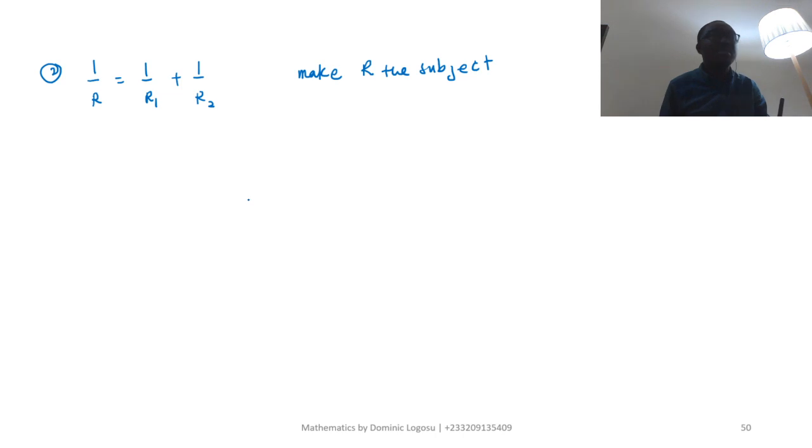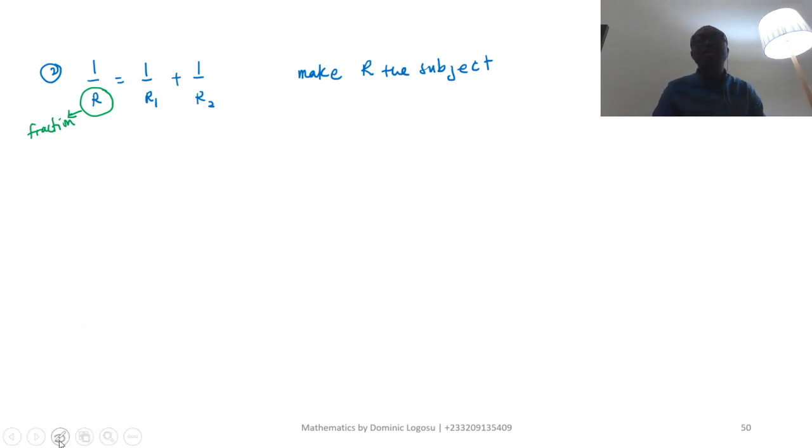Making r the subject, we have to identify where r is. When we look at it closely, this is where r is. It's not the subject, because it is a fraction. Are we okay? So first of all, we have to think of a way to get rid of this.